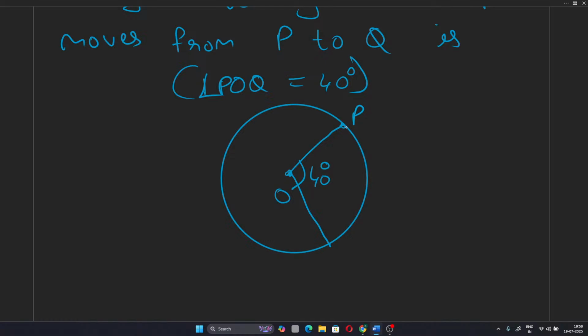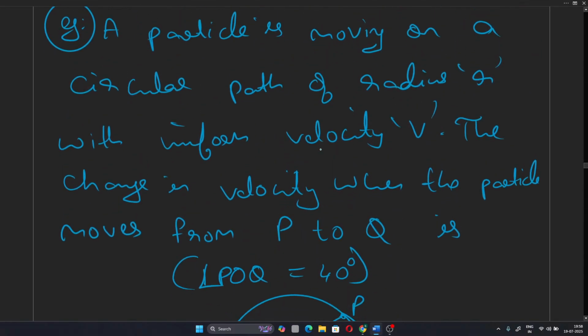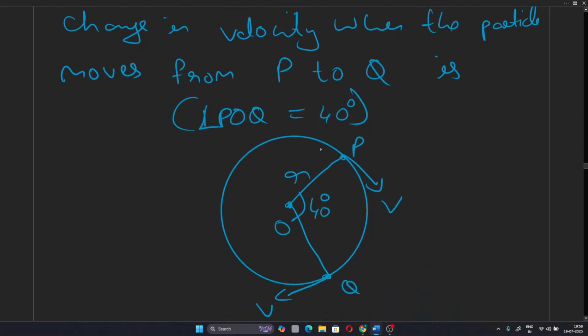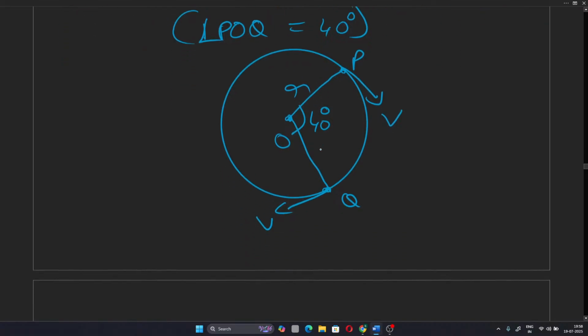Velocity at P is V in this direction, and at Q is in this direction, and this is the radius. They're asking, a particle is moving on a circular path of radius r with uniform velocity V. The change in velocity when the particle moves from P to Q is?